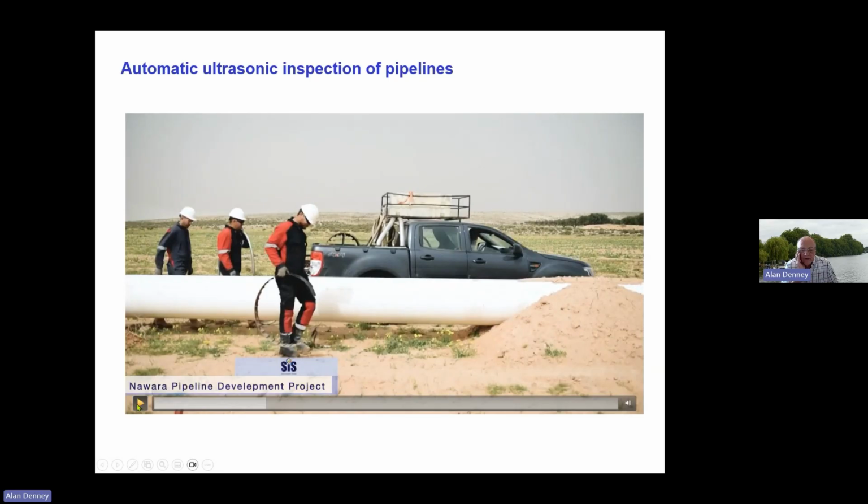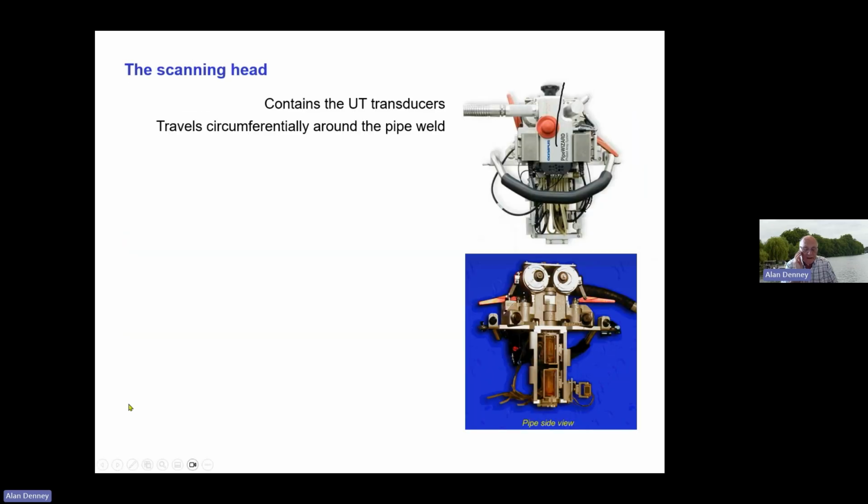So that's a piece of UT equipment, and they've just calibrated it on the calibration block, and they do that for every weld. That thing that they've got there is a band that they put on the pipe.